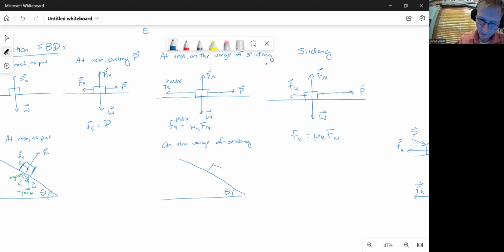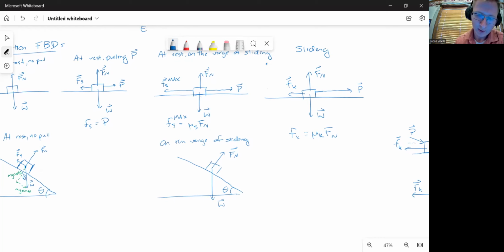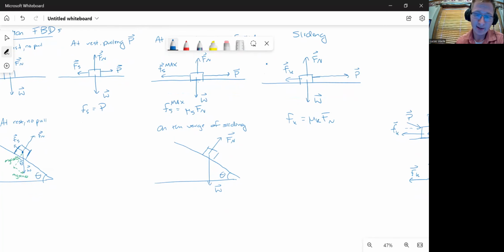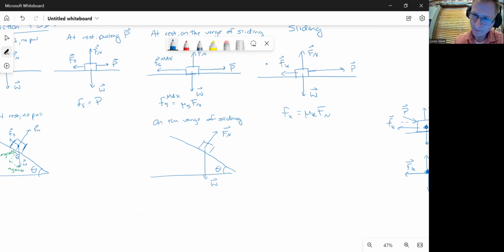So we know that weight is still acting straight downward. We know that that normal force is still acting perpendicular to the surface. And really all that's different here is we're saying that this block is heavy enough now that it does equal the maximum static frictional force that the ramp and the block can supply.